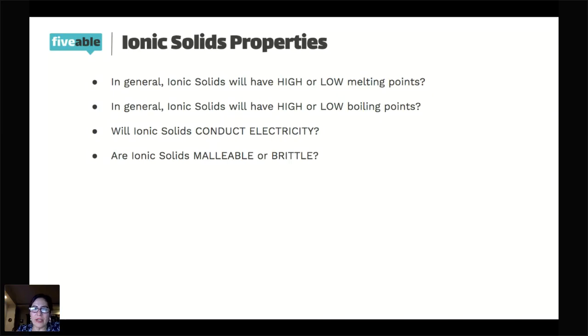Correct. They will conduct electricity if ions are able to flow freely. How do we know if they will flow freely? You will know if they will flow freely if they are melted or if they are dissolved in water. Excellent. Let's move on.